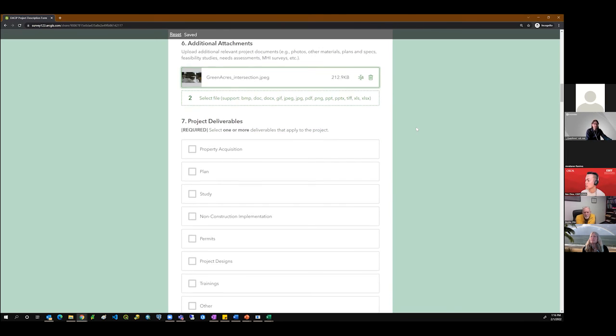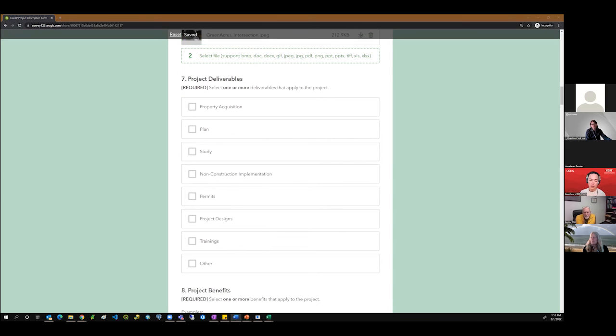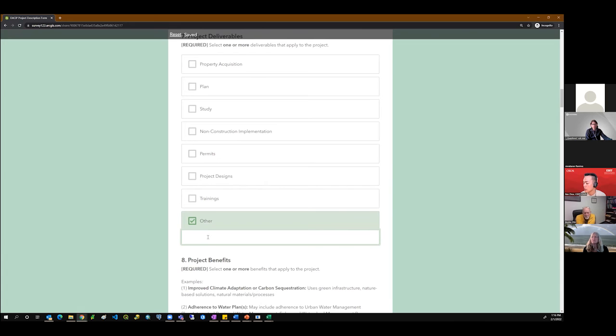For question 7, you would select one or more deliverables that apply to the project. And there are some specific deliverables listed here. If there are any deliverables that are not listed here, you can select other, and then you can type in the specific deliverable that you expect to have as an outcome of this project.